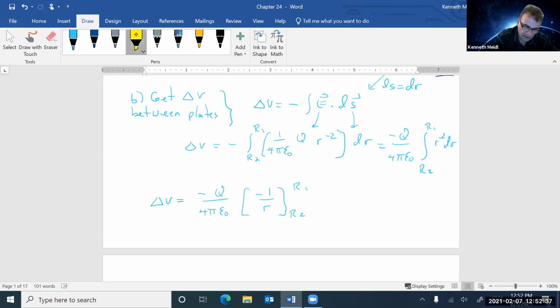So this minus sign that's built in is the one from the definition, because we could have minus charges or plus charges here, and you could be coming with the field or going against it. And then from the integration, you have r to the minus 2, it becomes r to the minus 1, and then you divide by minus 1, so you have this minus sign. Those two are just going to undo each other here.